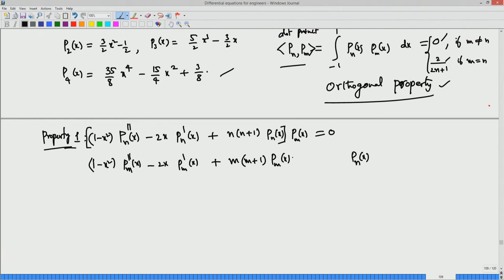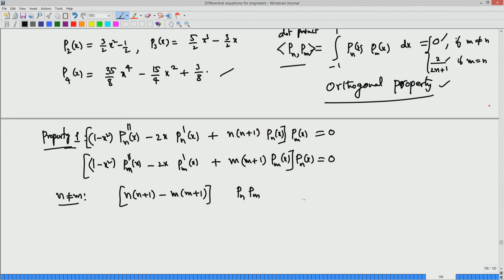And then you take the difference, when n is not equal to m. When you take the difference, what you get is n into n plus 1 minus m into m plus 1, the last terms, into Pn Pm.